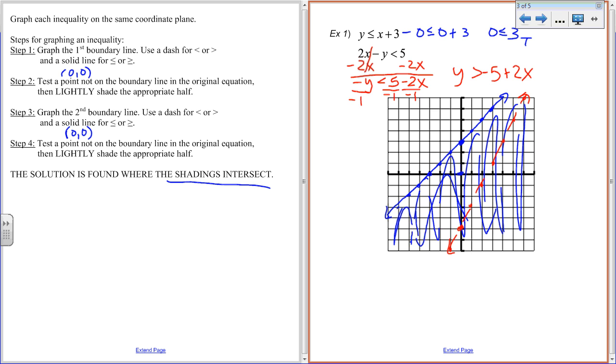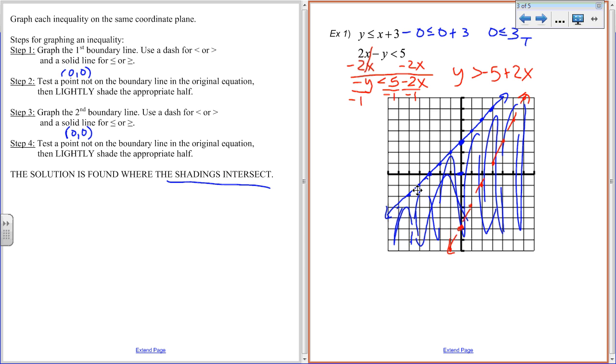And now I need to test 0, 0. Ladies and gentlemen, I'm going to beg that you test in the original equation. And here's why. If you forget reversing the inequality because you divided by that negative, your answer for your test is going to be wrong. But if you put it back in the original equation, we're going to get the right true or false statement each and every time.